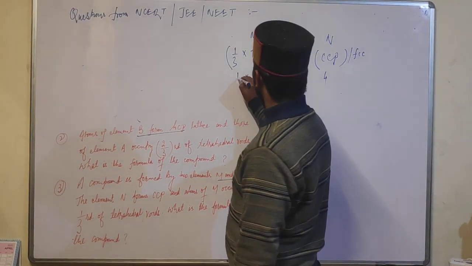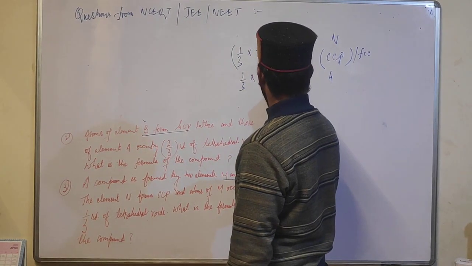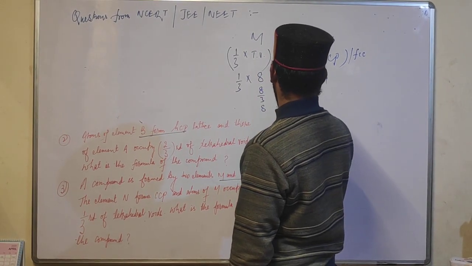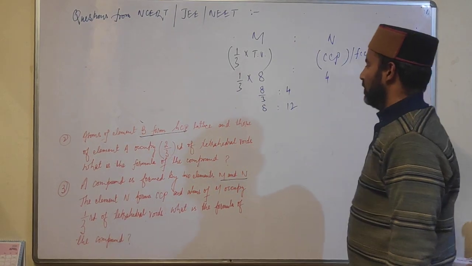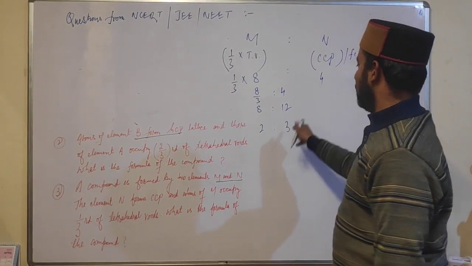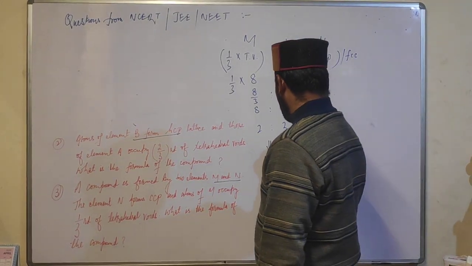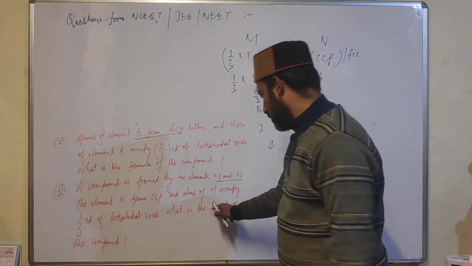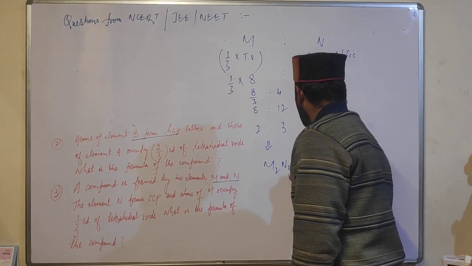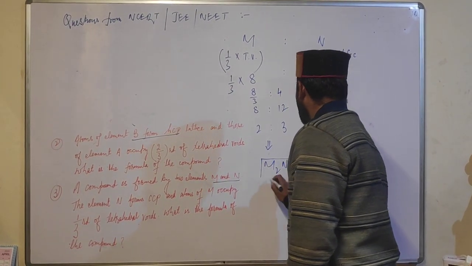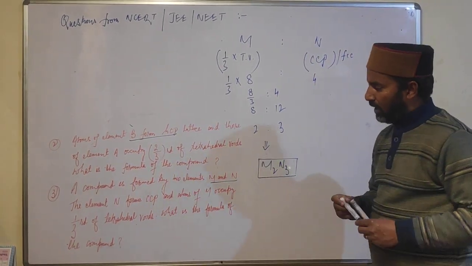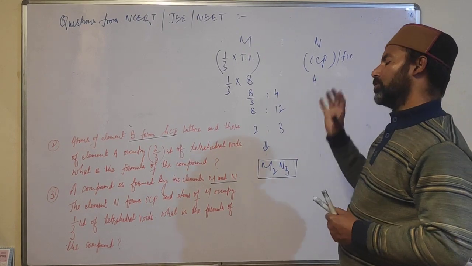And since only 1/3 are occupied, so we have 8/3 is to 4, which can be written as 8 is to 12, or we simplify it as what? 2 is to 3. So the answer is M2N3.